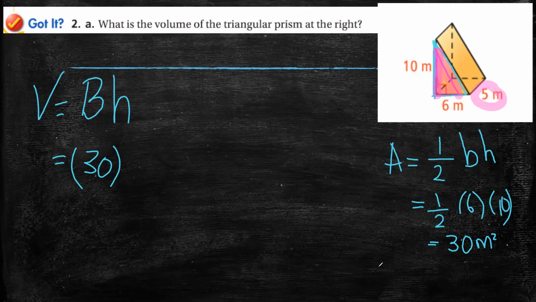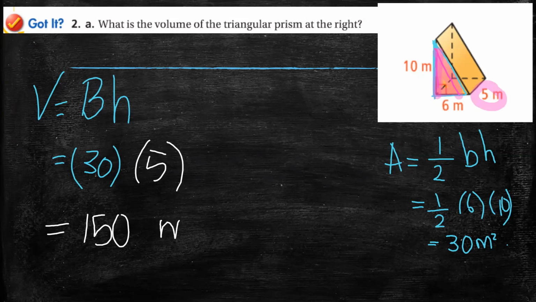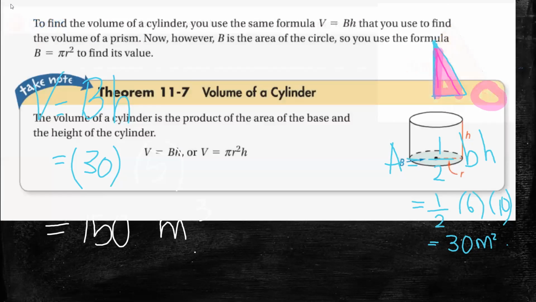Yes, this is the height that is perpendicular on the base, which is 5. So the volume here is 150 meters cubed. Is it clear? Yeah. No, but please give me 1 minute and I will write back.